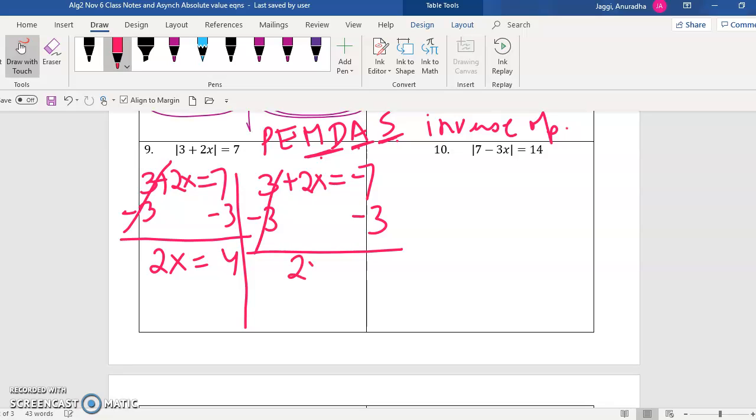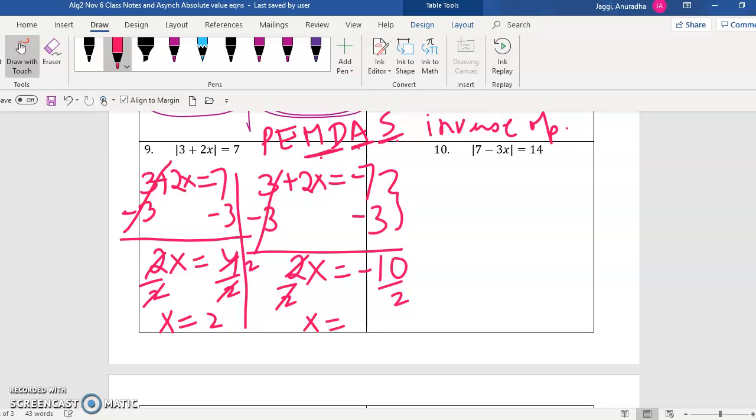You're left with 2x on the left hand side, and negative 7 minus 3 is negative 10. Now you do the next inverse operation. 2 is multiplied, so you divide by 2 on both sides. 2 goes into 2 one time, 2 goes into 4 two times. So x is equal to 2, and x is equal to negative 10 divided by 2, which is negative 5.